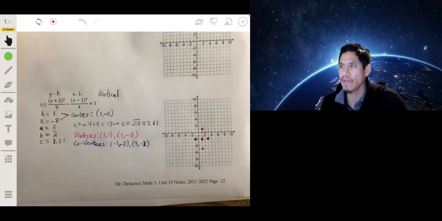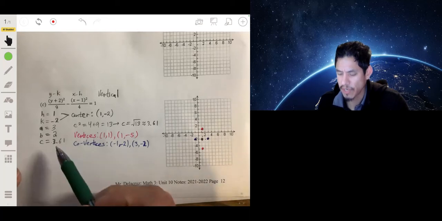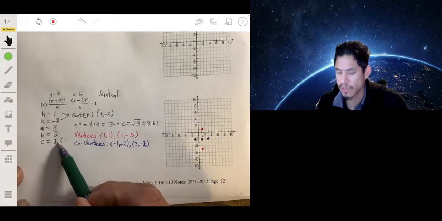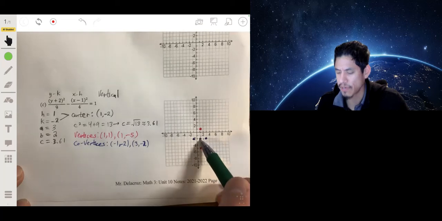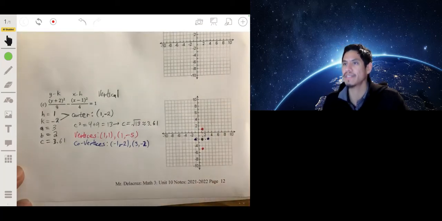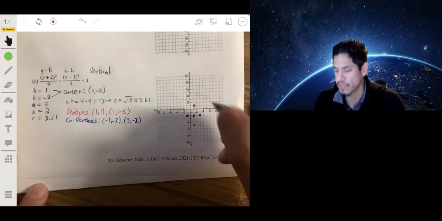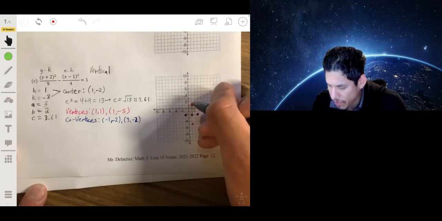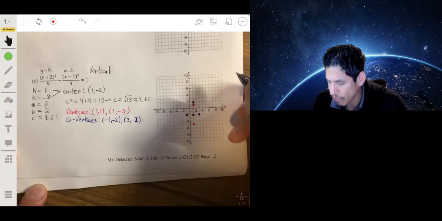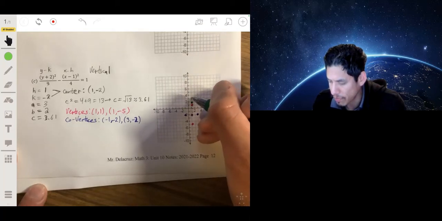Now we find the foci. The foci are going to be 3.61 units up and below the center, because the foci, remember, are going to be on the same axis as the vertices. So we're going to do an estimation. 3.6 above here, so maybe around right there. Put an F1 for that.